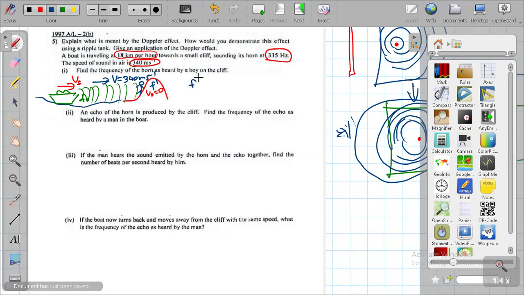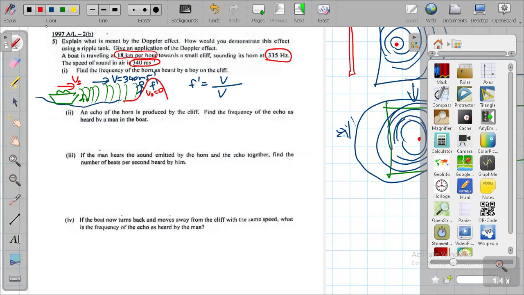So you can write the equation for f dash equals. Now you have to consider one thing: is the source moving or the observer moving? I told you to write v in the numerator and denominator as well.